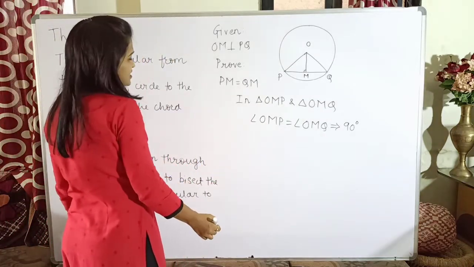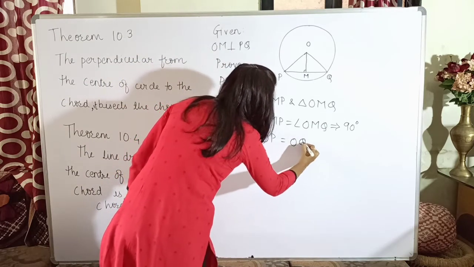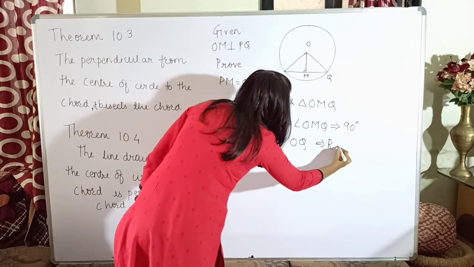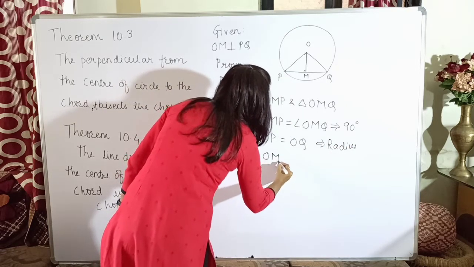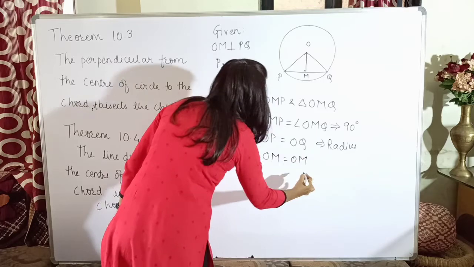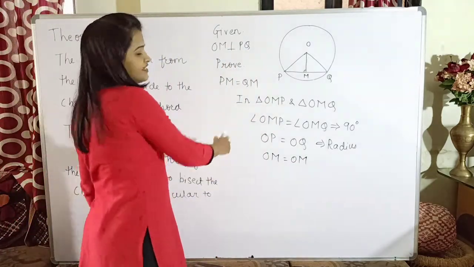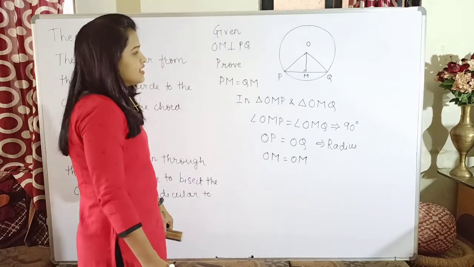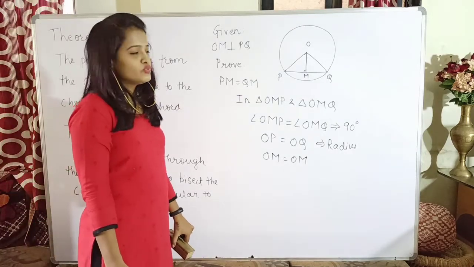Similarly, what is the next thing which I have? I have OP equal to OQ. Why? Because that is the radius of the circle. Whereas I have one common length also, which is OM equal to OM. So as you can see in the two triangles, one angle is 90 degree, which I have shown as equal. Another side, OP and OQ, they are the hypotenuse for that respective two triangles.